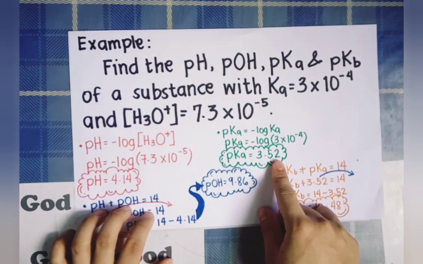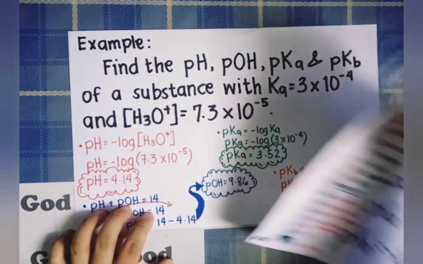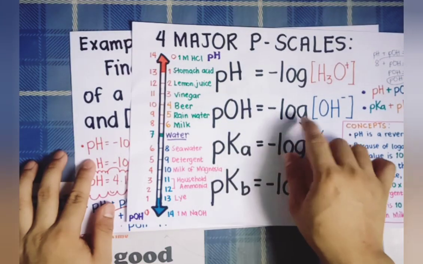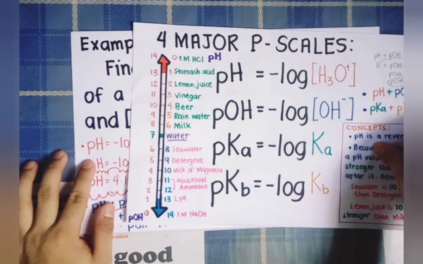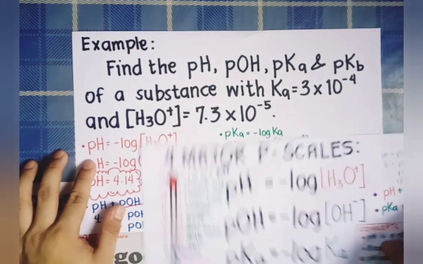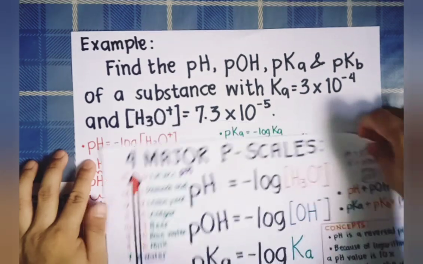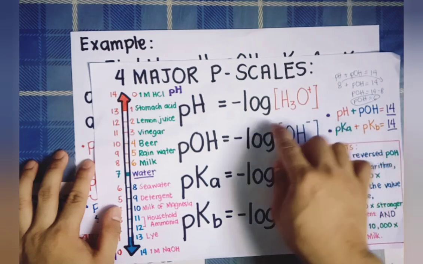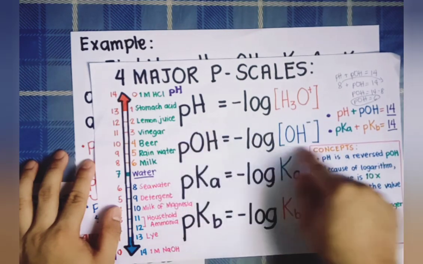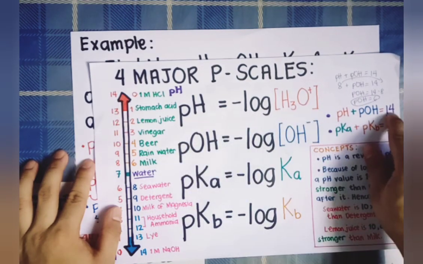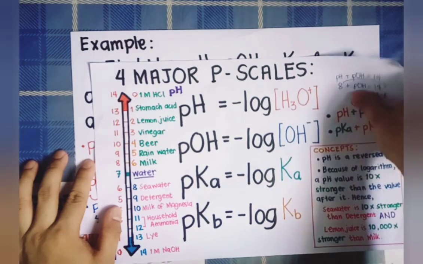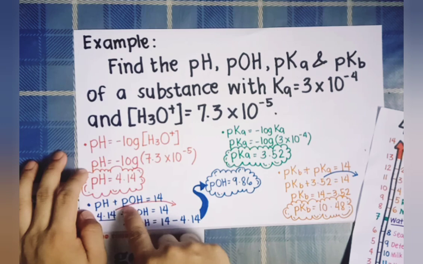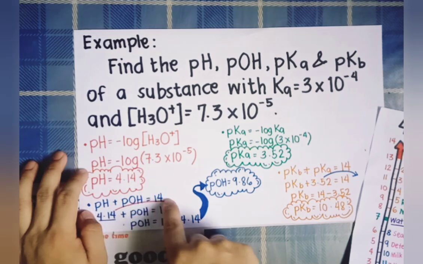Now, can we compute the pOH directly from the formula pOH is equal to negative log of OH negative? No, because there is no OH concentration given in our problem. So we cannot use this formula to find the pOH, but instead we can use the formula pH plus pOH is equal to 14.